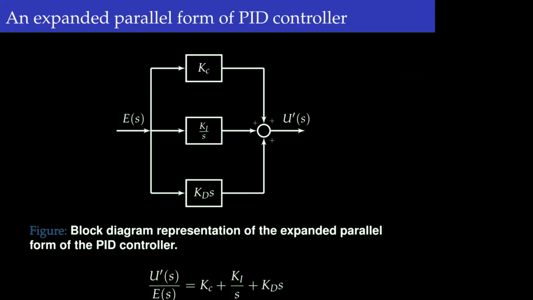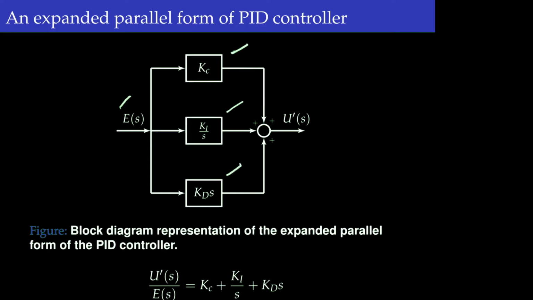The previous form, or the ideal form of the PID controller, shows that the Kc term affects all of the proportional, integral, and derivative components. Now in an expanded form, these three elements are made independent, meaning that there is no common parameter for all of these three elements. So you see here the error signal goes through this Kc and another Ki over s and Kd s.